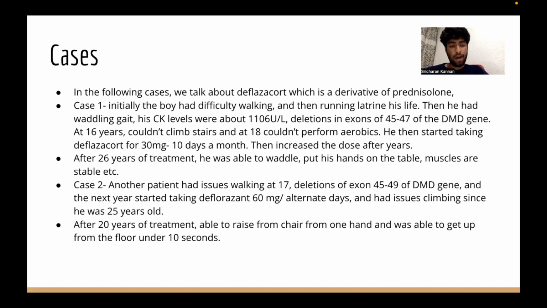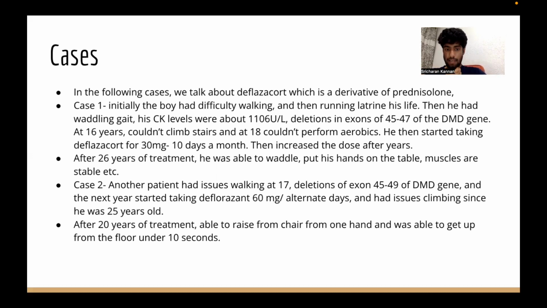Case two is another patient who had issues walking at 17, with a deletion of exons 45 to 49 of the DMD gene, and the next year he started taking 60. So he had issues at 17, a later stage in life than case one.